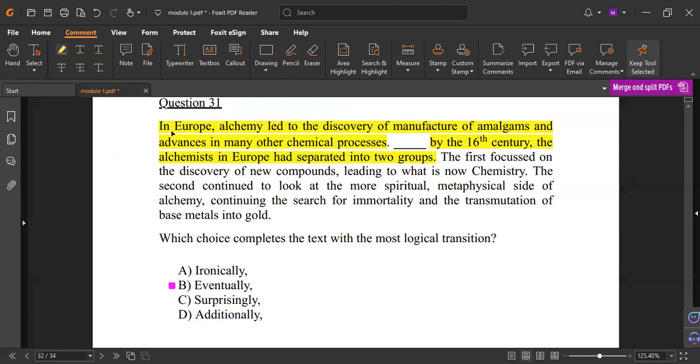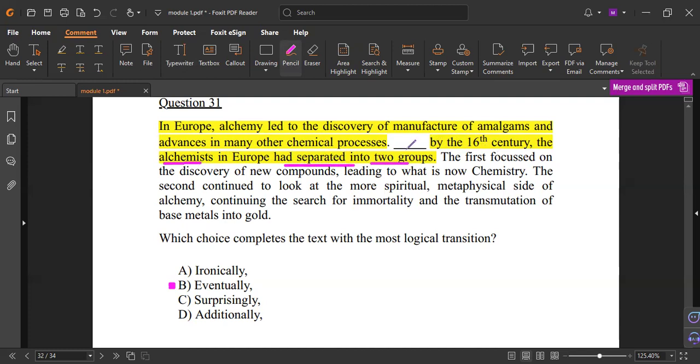Let's find it. In Europe, alchemy led to the discovery of manufacture of amalgams and advances in many other chemical processes. And look, after that, at the end, finally, by the 16th century, the alchemists in Europe had separated into groups.